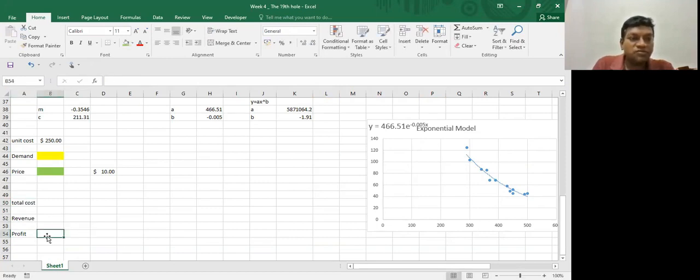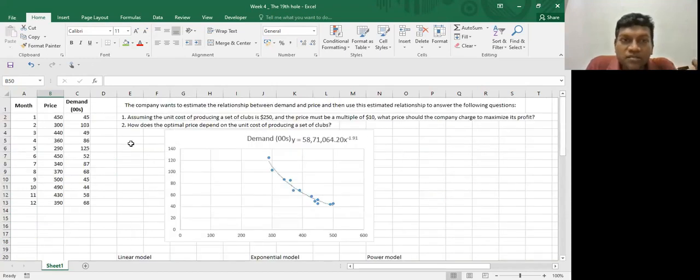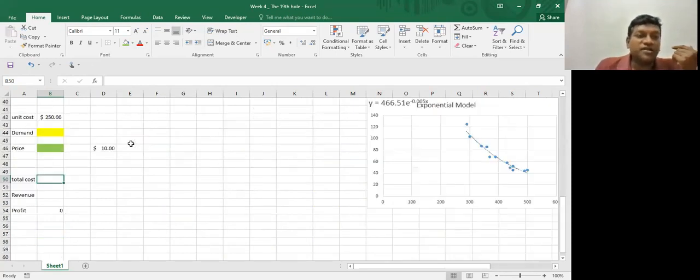Profit is nothing but revenue minus total cost. Now, what is the total cost? The total cost is going to be the unit cost multiplied by the number of units, which is the demand.